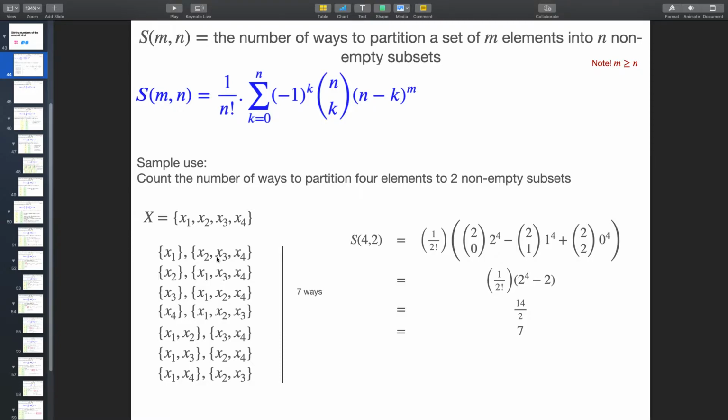Okay? So, that's actually 7 ways. So, makocompute mo rin daw yung value na 7 by plugging in m equal to 4 and n equal to 2 sa Stirling numbers of the second kind.